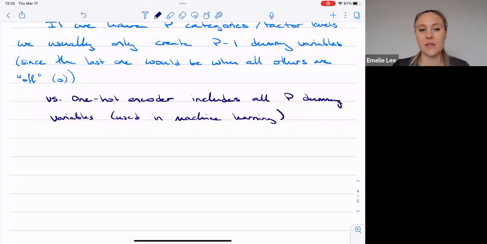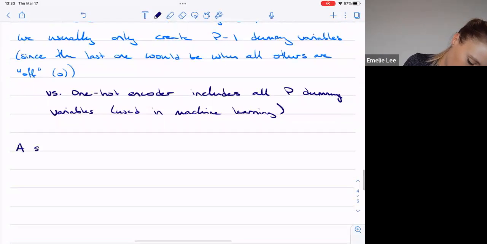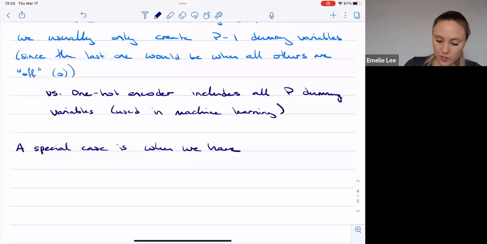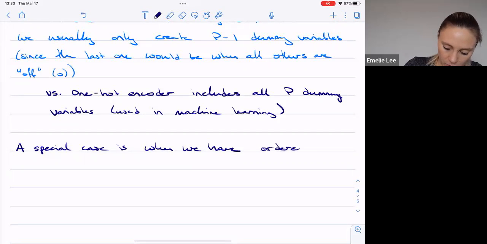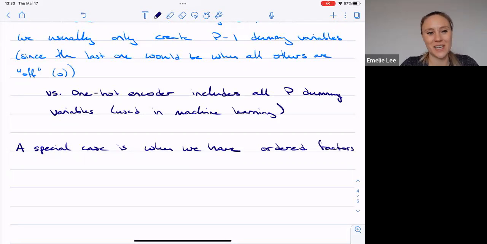The special case of ordered factor variables, you can sometimes just convert them to numerical values and then use that as a numerical variable. A special case is when we have ordered factors, which we've called ordinal data right before. There's some natural ordering.